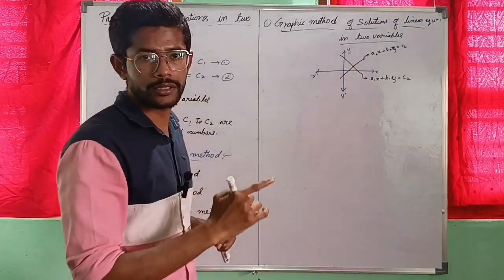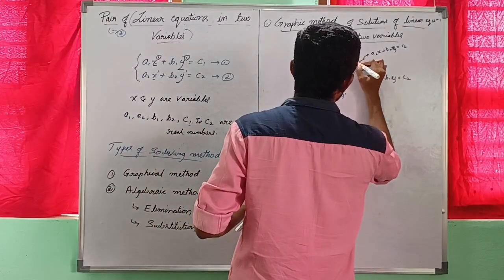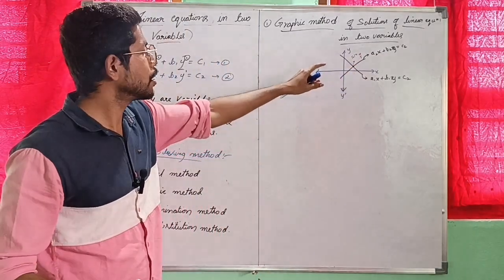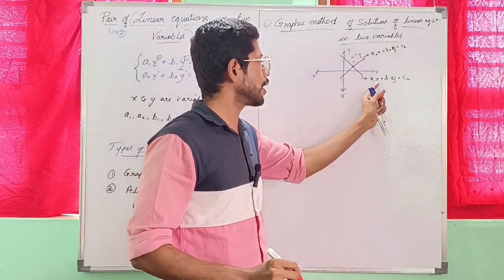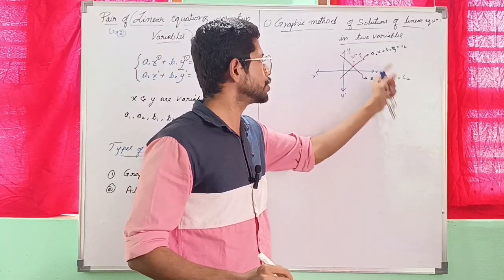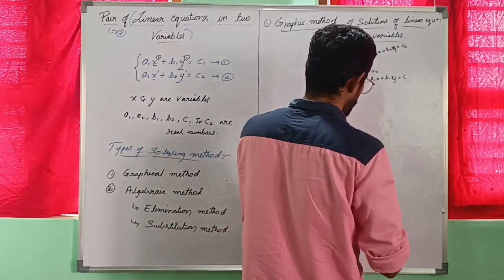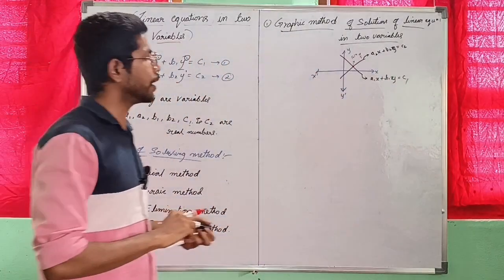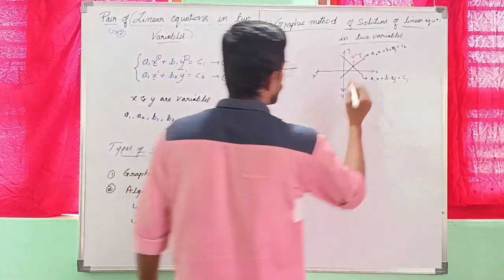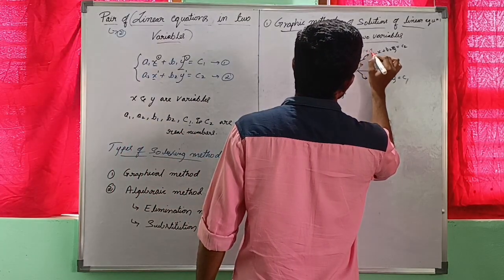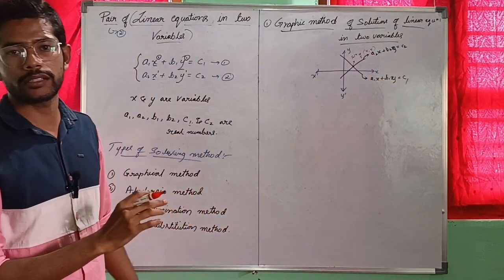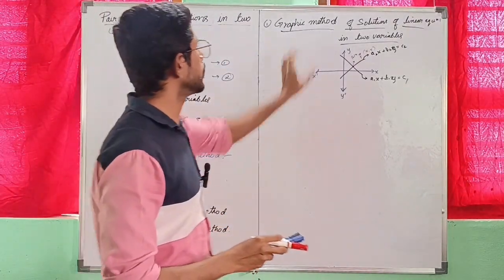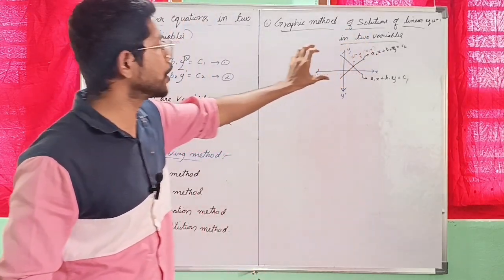This intersection point is the solution of the equations a1 x plus b1 y is equal to c1 and a2 x plus b2 y is equal to c2. This solution can be denoted by an ordered pair x comma y. This is the graphical method of solution of linear equations in two variables.